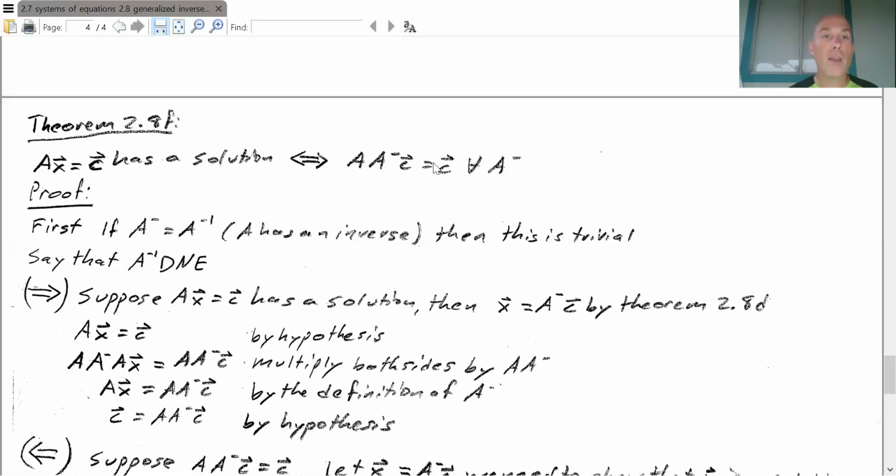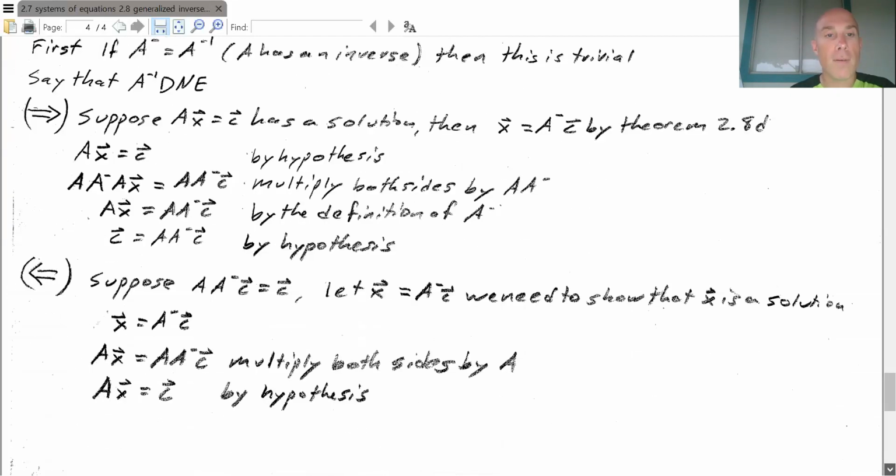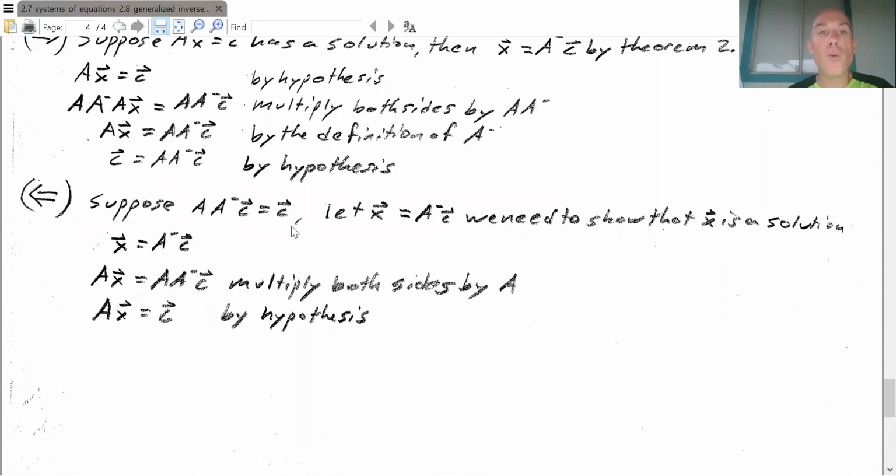All right, so that takes me, if this, then that. Now I need to go the other direction. I need to assume that this is correct. I need to show that we have a solution. So I'm going to suppose that the right-hand side of the if and only if is correct.